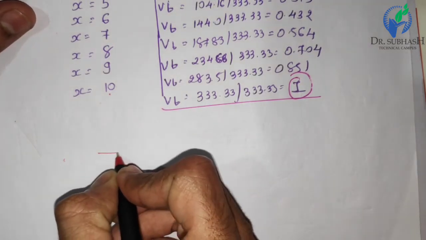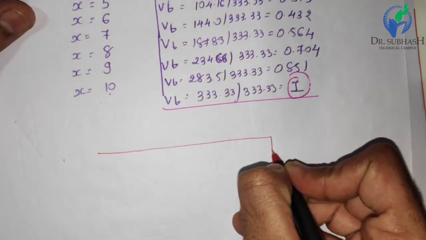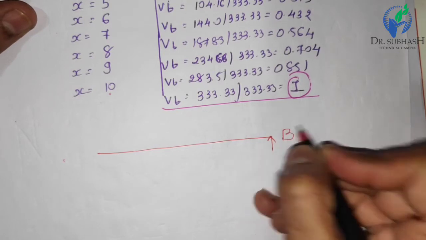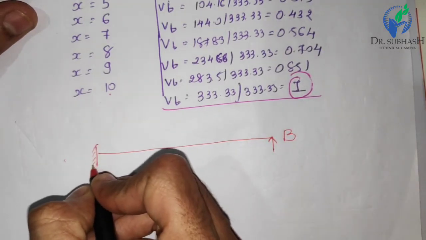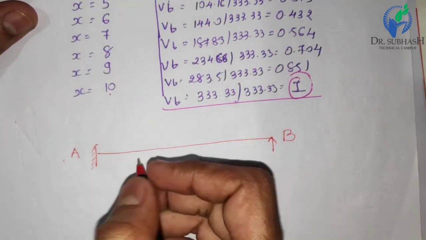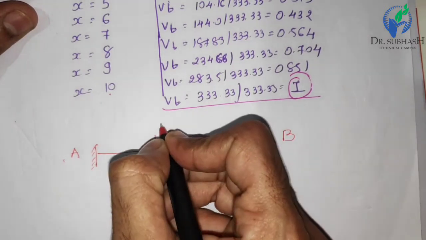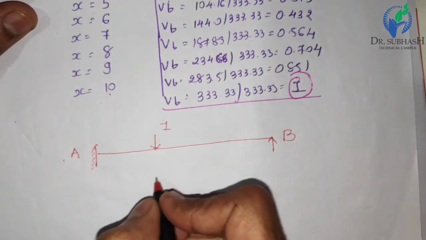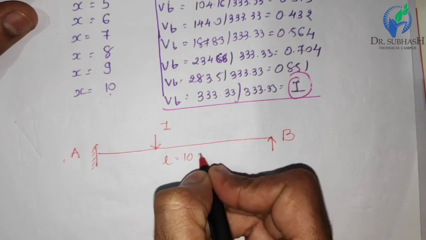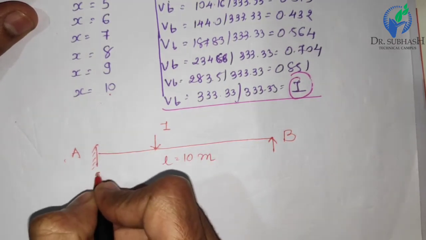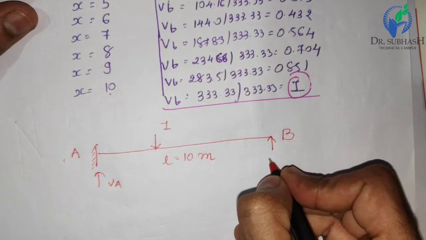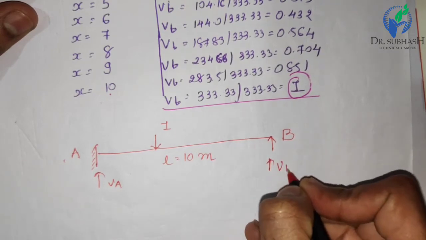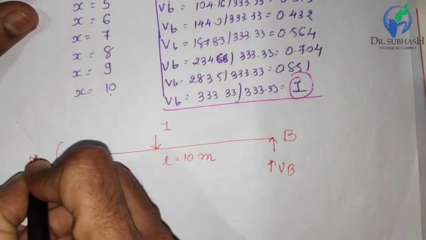This is our beam, a propped cantilever. In that, A is fixed, B is simple, and a unit load is applied at point 1. The total length L is 10 meters. We have already found VB, and this is MA.